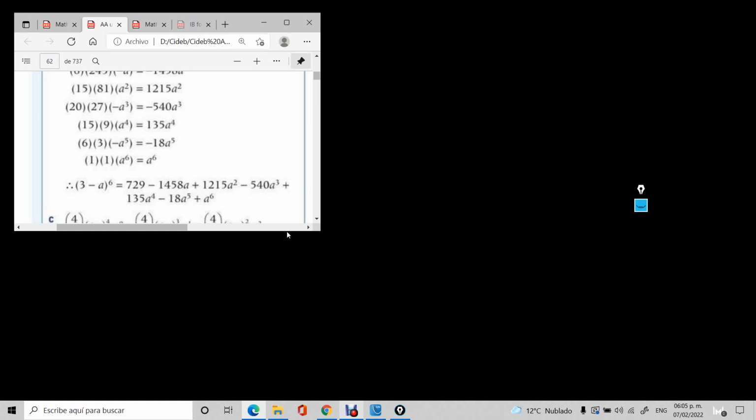And for example, if you read somewhere the term in a squared, that's what this is. This is the term in a to the 5th. This is the term in a to the 4th. The coefficient in the term in a to the 4th is 135. So I guess you got the idea by now.